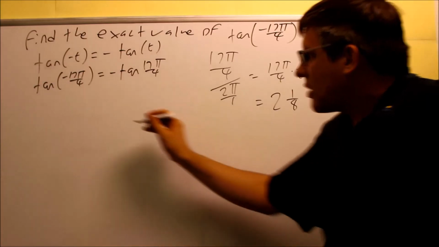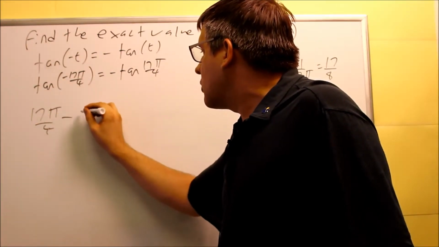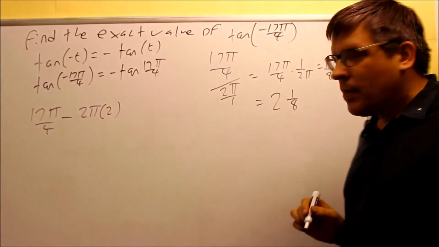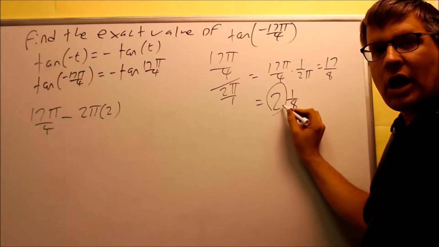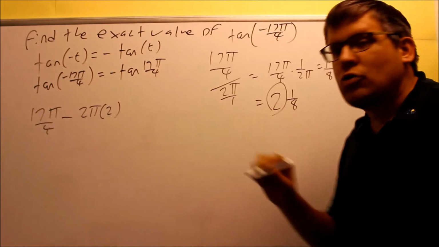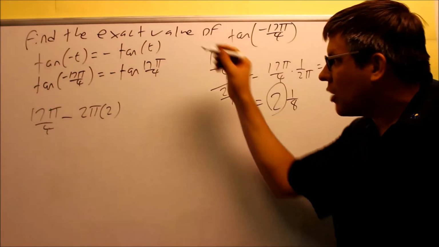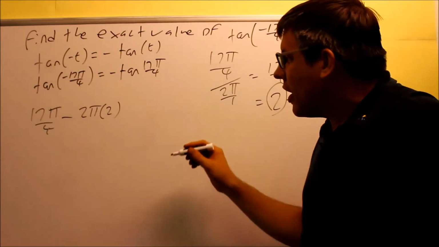So what I want to do next is take 17 pi over 4 and subtract 2 pi times 2, times 2 because that's the whole number part that I got from here. So I know that I can subtract at least 2 revolutions away, but I want to find out what my angle is that's left over, so that way I can rewrite this and use the periodic property to simplify that.